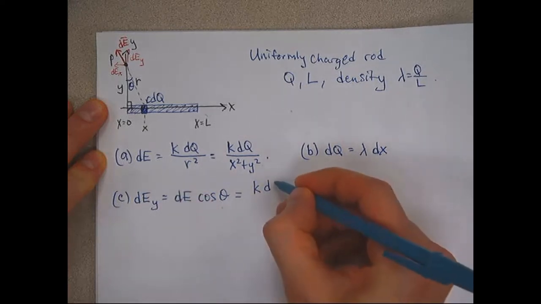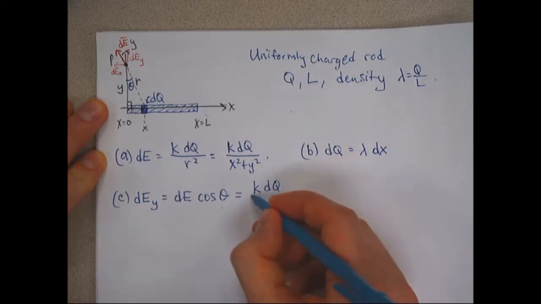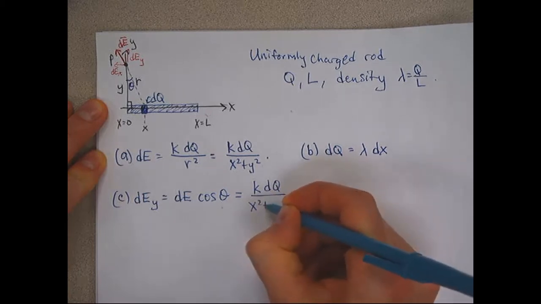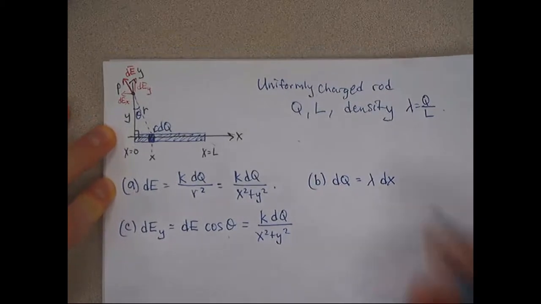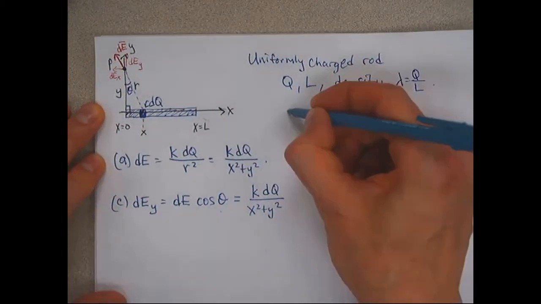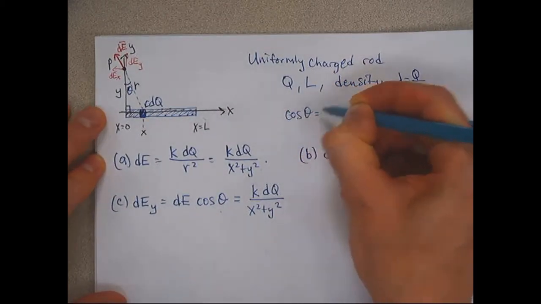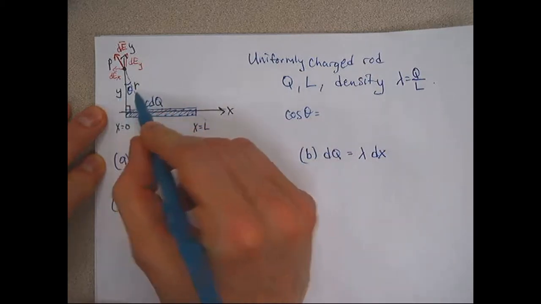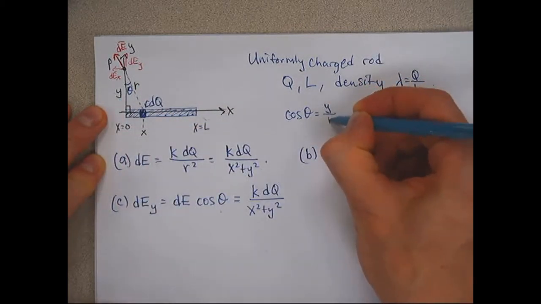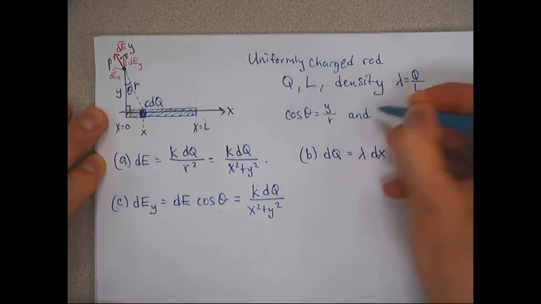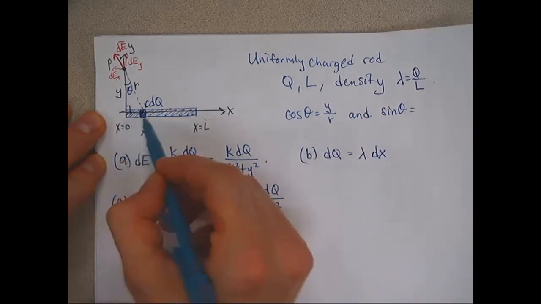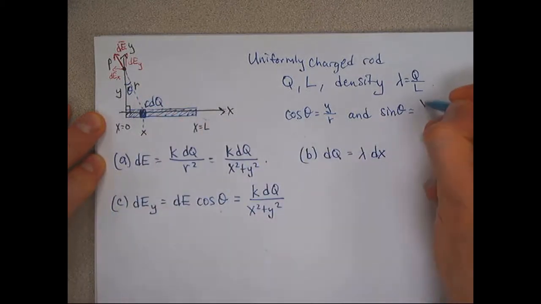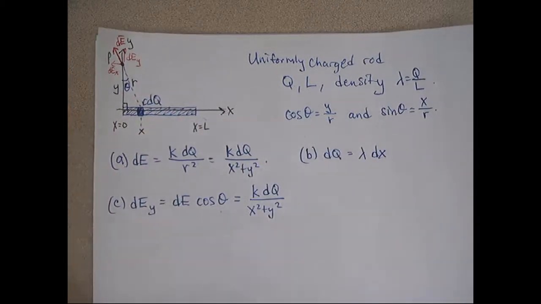Our dE again is k dq over x squared plus y squared. The cosine of that angle is the adjacent side over the hypotenuse, y over r. Later, we will need sine of theta, which would be the opposite side, x, over the hypotenuse r.